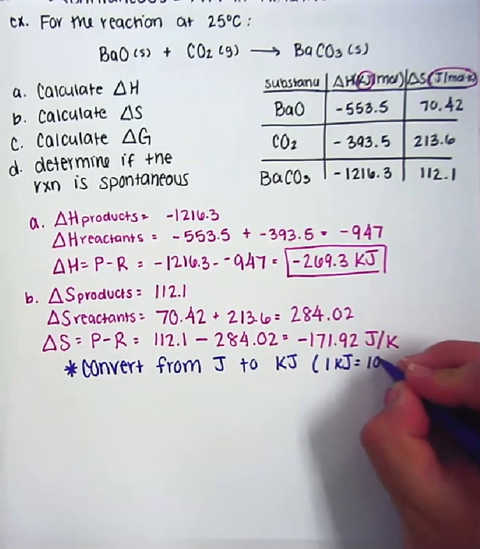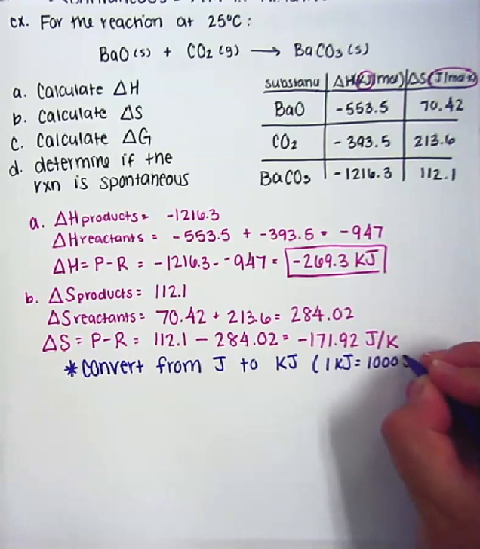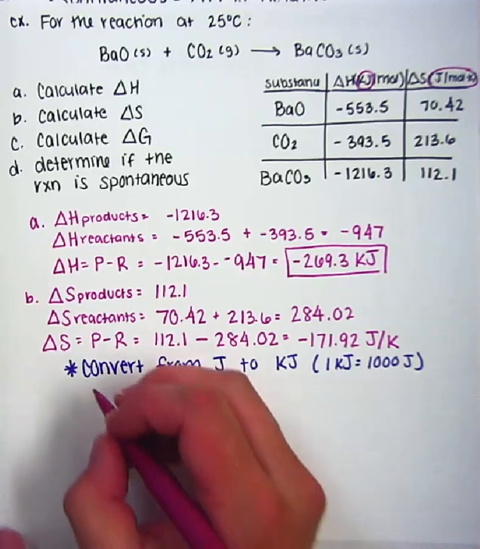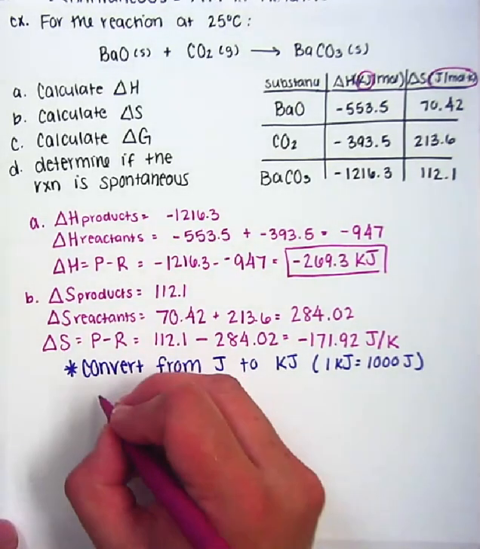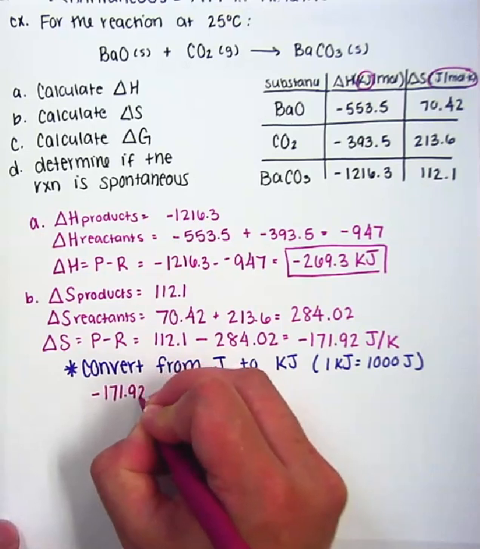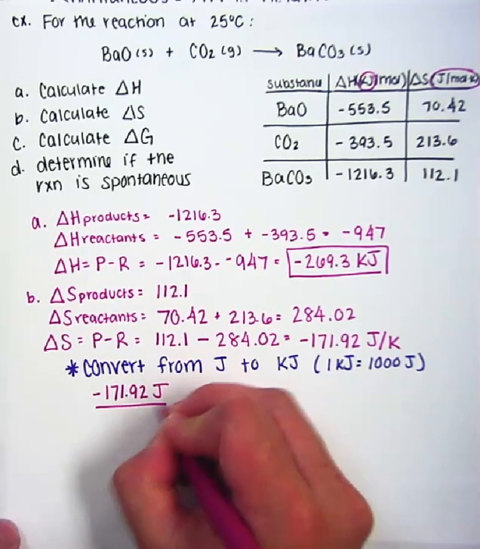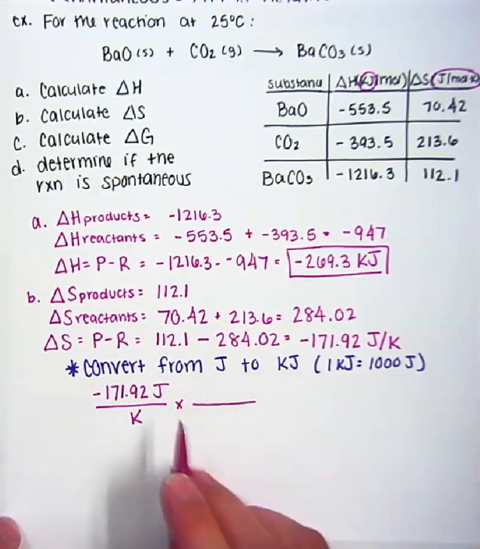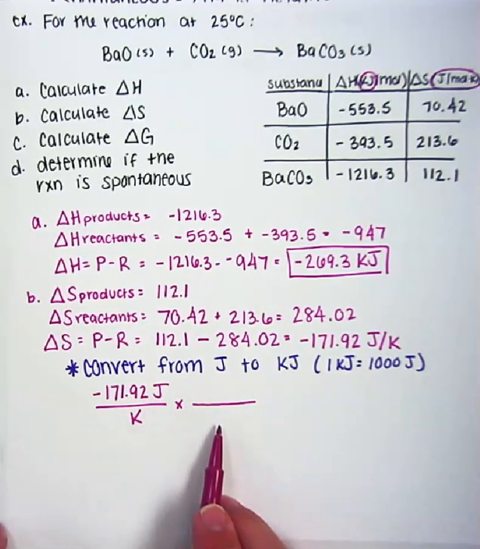In 1 kilojoule, there are 1,000 joules. So if I have negative 171.92 joules per Kelvin, going back to conversions like stoichiometry, always set up your units so they cancel.